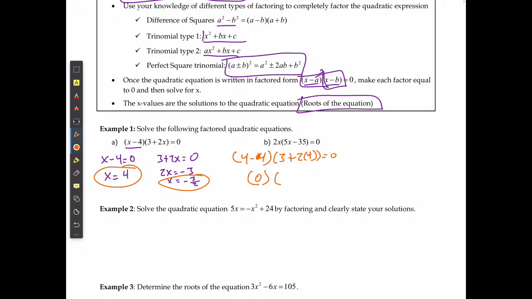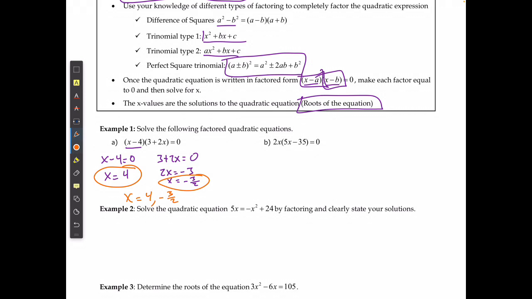And on this side, I'm going to have 2 times 4 is 8, plus 3 is going to be 11. Well, because I'm multiplying the 0 in, it's automatically going to be 0, which means that I know that is correct. So in this case, the two possible values for x are either x is equal to 4 or x is equal to negative 3 over 2.